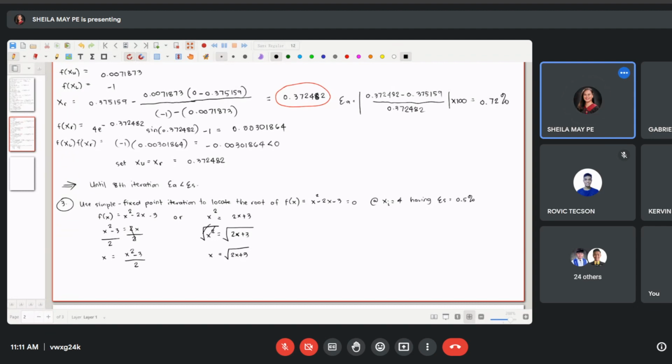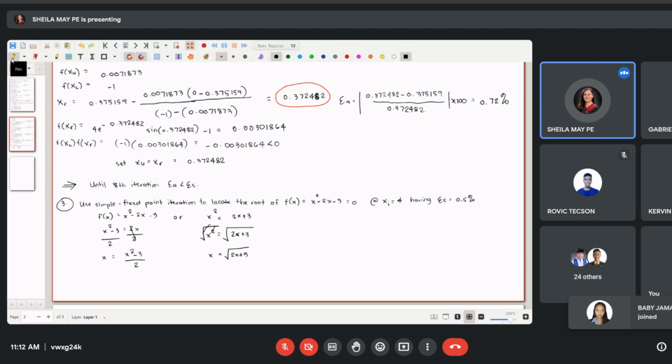Or hold on, this is x equals x squared minus 2x over 3. Okay, we have those ways.